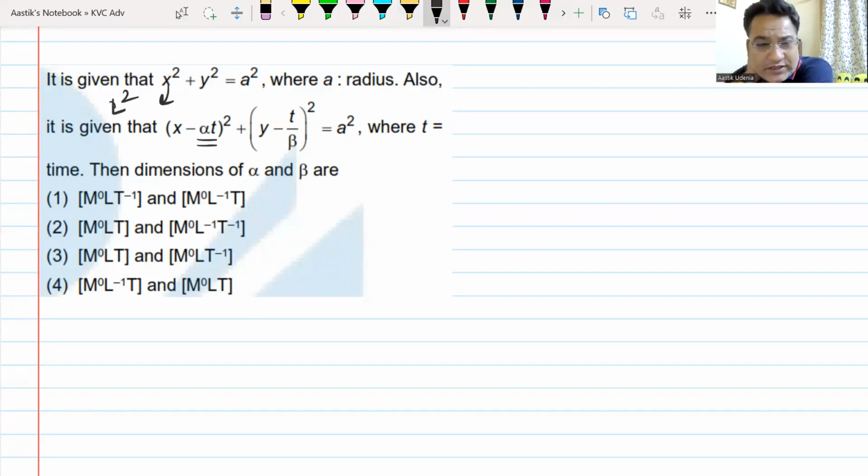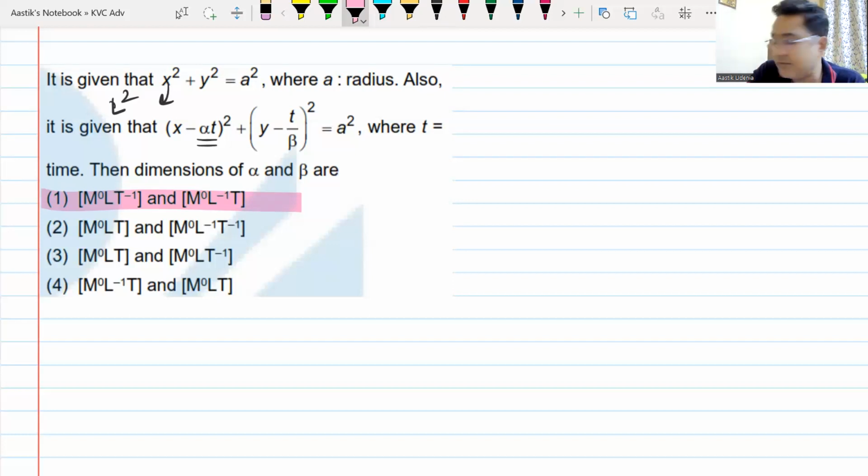So alpha into t should be equal to L, yes or no? Yes, sir. So alpha will be equal to LT minus 1. There's only one option which has alpha as LT minus 1, so you don't have to go any further and you can give your answer. Beta will be the inverse of alpha because the dimension of alpha is the same as 1 by beta. Yes or no?